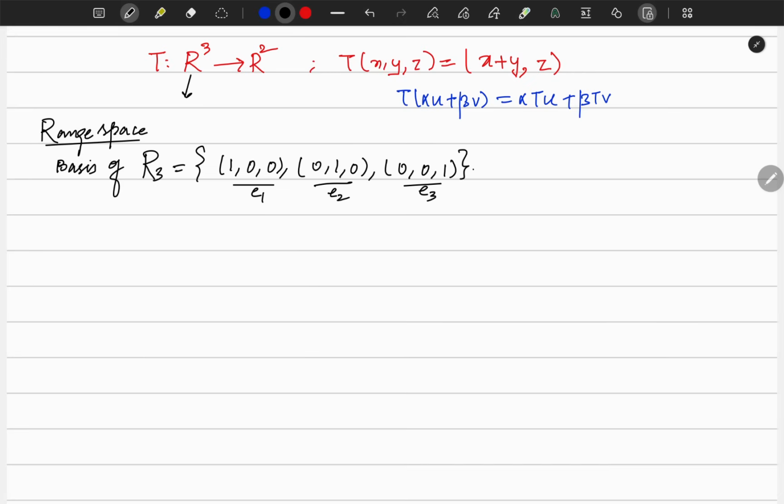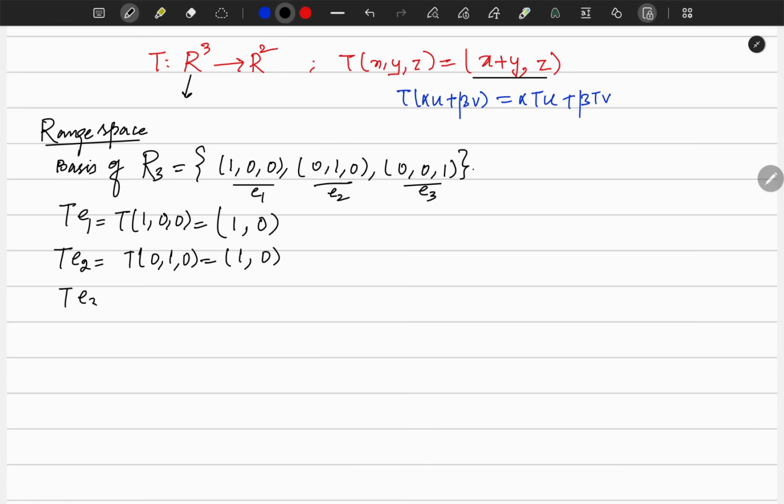So if you have to find the range space, find T of E1, that is T of 1 0 0. Apply the T that is given here. First add, so 1 plus 0 is 1, then z is 0. T of E2, T of 0 1 0, gives you 1 plus 0 is 1 and 0. And T of E3, T of 0 0 1, is 0 comma 1.